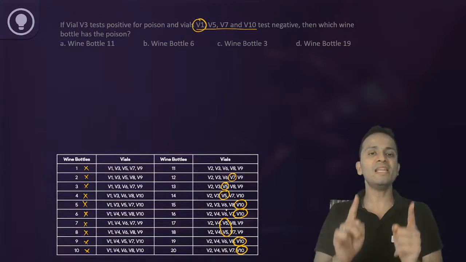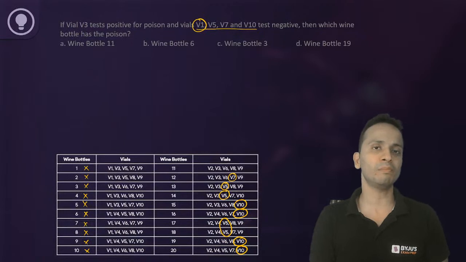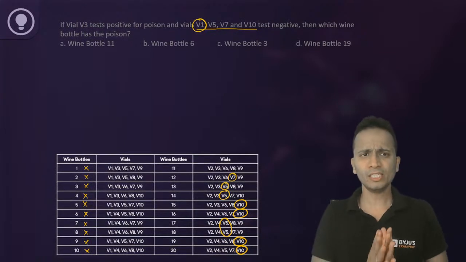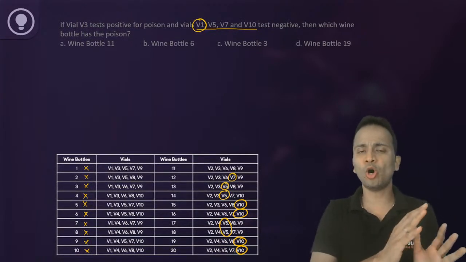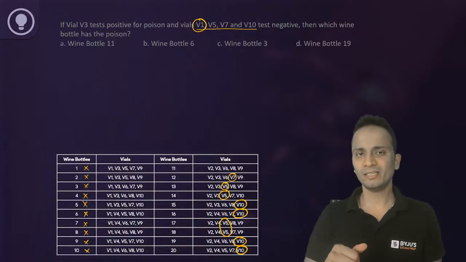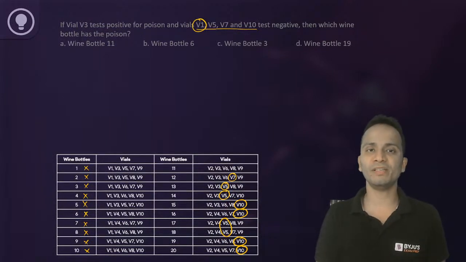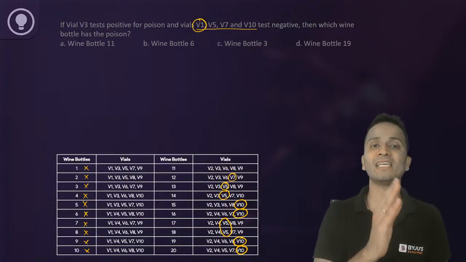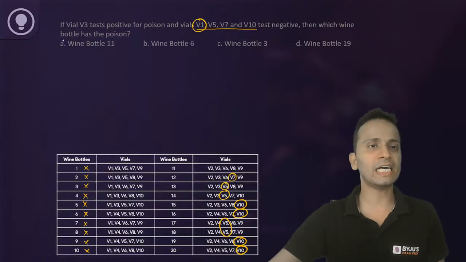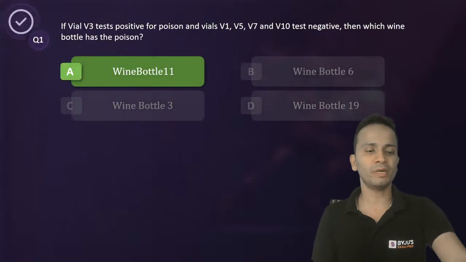So I have eliminated 19 wine bottles, except bottle number 11. All right. So except bottle number 11, all bottles have been eliminated, and it is clear in less than 30 seconds that this particular bottle, 11, has the poison. So the correct answer should be option A, that is wine bottle number 11.